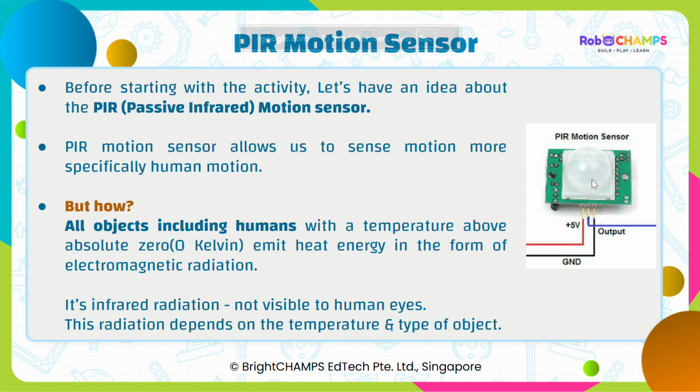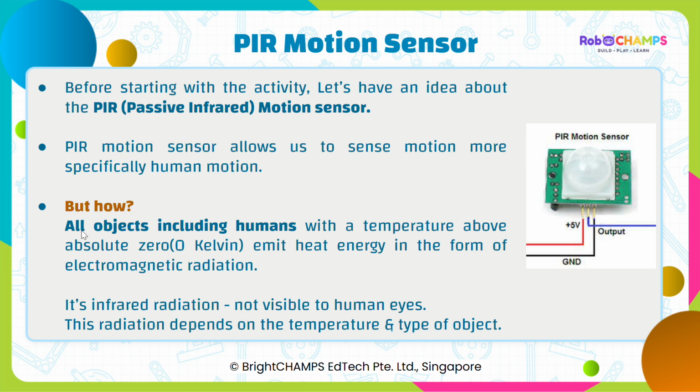So first, let's talk about the PIR motion sensor. Before starting with the activity, let's have an idea about the PIR, passive infrared motion sensor. The PIR motion sensor allows us to sense motion, more specifically human motion.